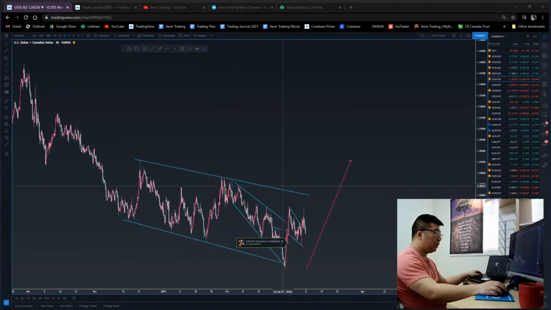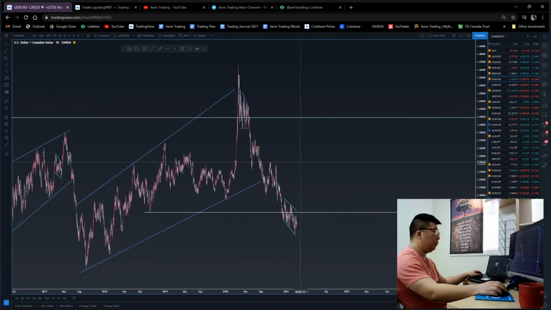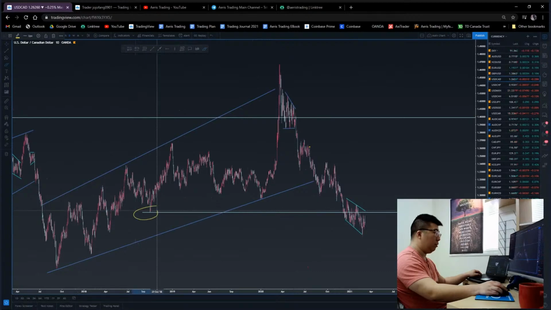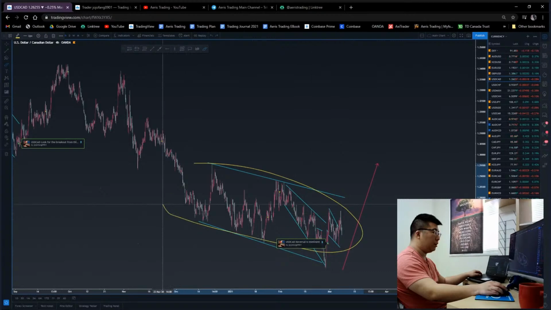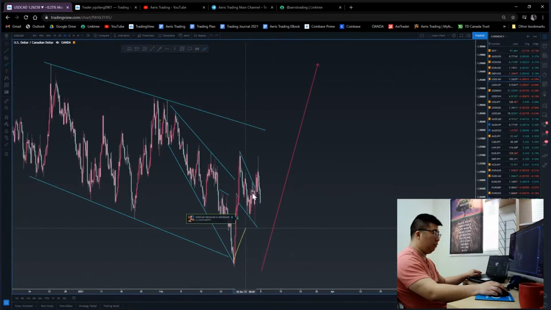So dollar CAD, I was also looking at it for a potential bullish move on the price. If we look at the higher time frame, I like how we are at this potential double bottom area. The price is reacting, and again, the lower time frame is giving me this descending structure, a descending channel. We see the price pushing down to the lows, and again a reversal impulse.